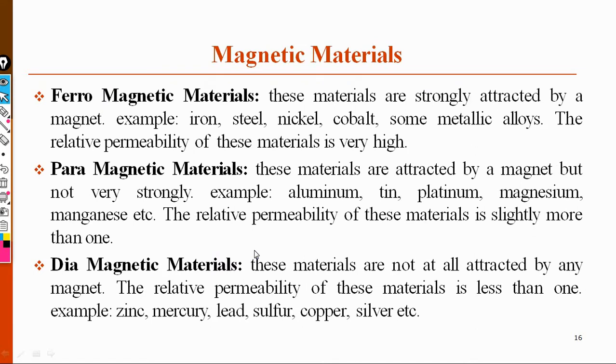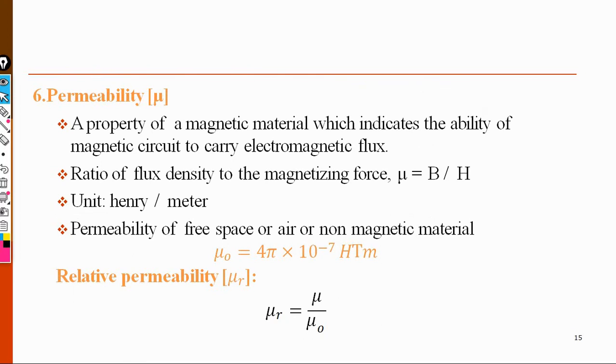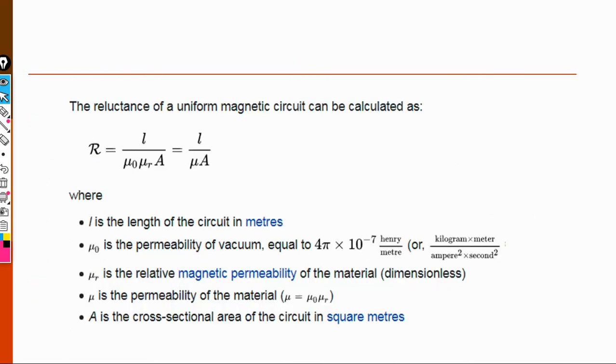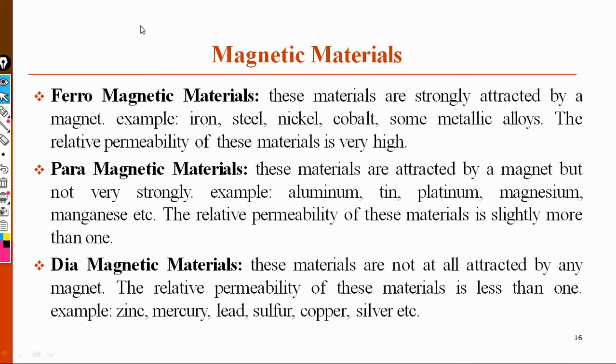Then also these are the several parameters present in magnetic circuit. These parameters depend on magnetic materials, which are classified into three types: ferromagnetic material, paramagnetic material, and diamagnetic material.